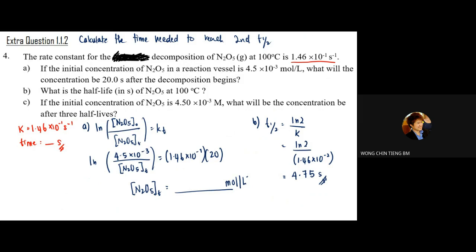Four point seven five. 4.75. Okay, Suren says 4.75 times 2.